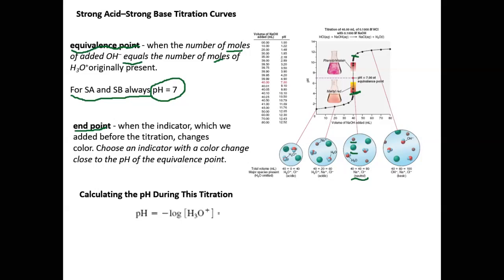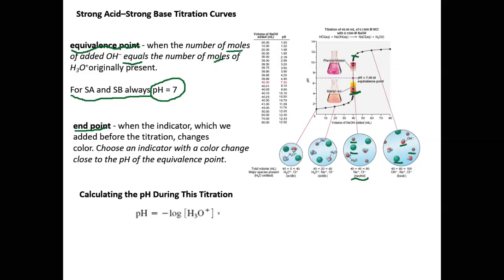Before the equivalence point, you have a combination of chloride ions, sodium ions, water, and hydronium ions, which makes it acidic. At the initial pH, you have hydronium ions and chloride ions, which makes it acidic. Now, above the equivalence point, you see the only things in solution are hydroxide, sodium ions, and chloride ions.